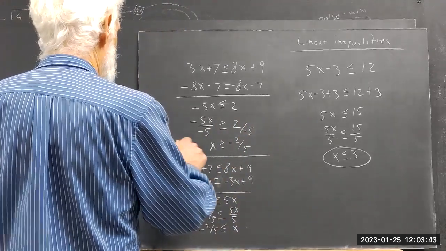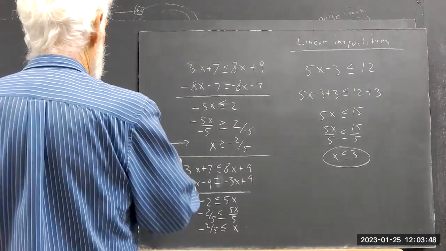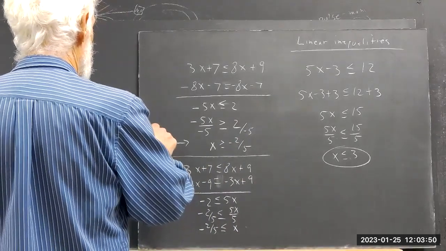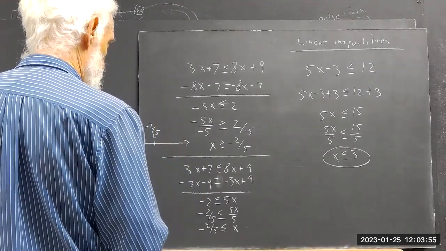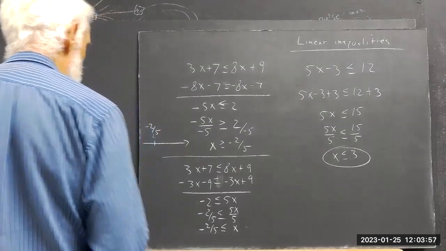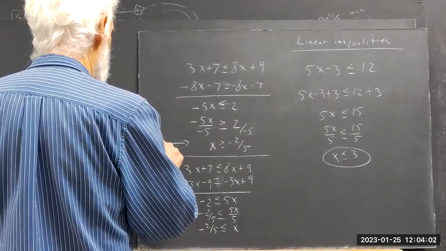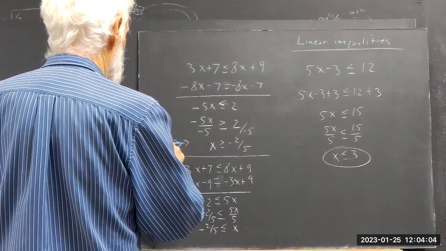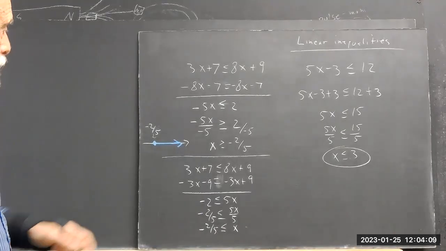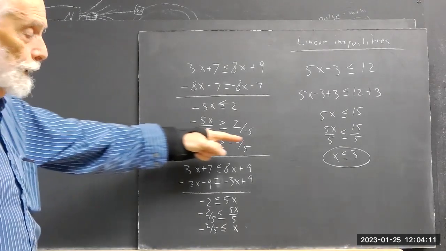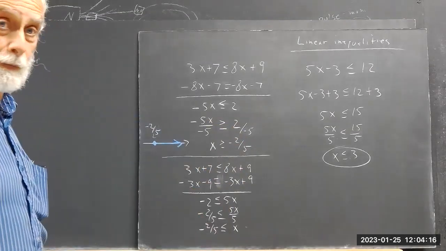So I've got a number line here, and I've got negative 2/5 right here. And the numbers that satisfy this inequality include negative 2/5 and every number greater than negative 2/5, because this says x is greater than or equal to negative 2/5, right?